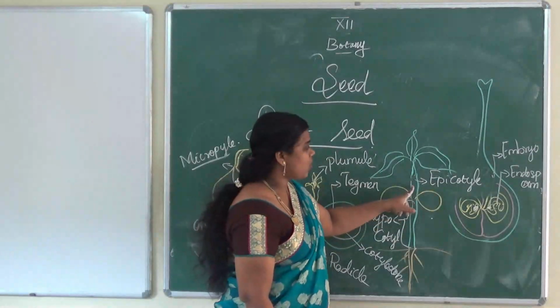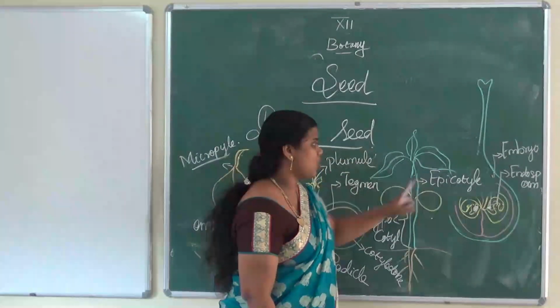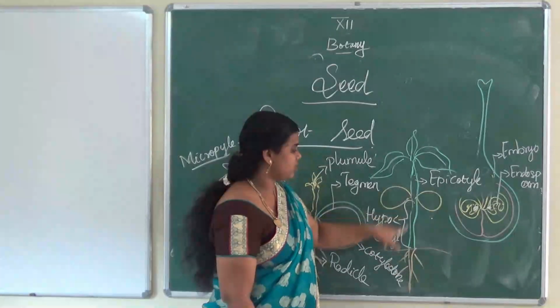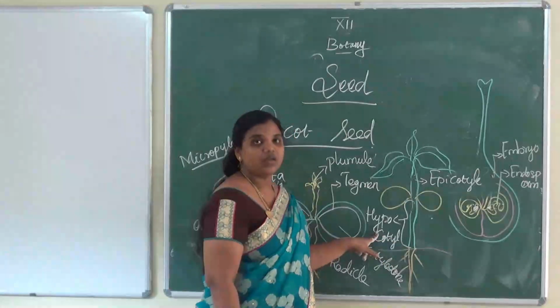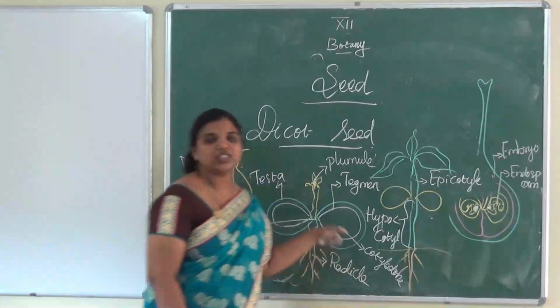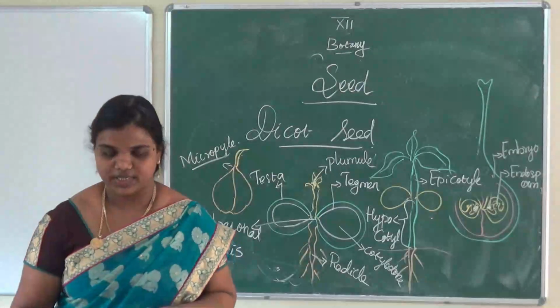Above the cotyledon level is the epicotyl, and the cylindrical structure between the cotyledon and radicle is known as hypocotyl. This is the dicot seed.